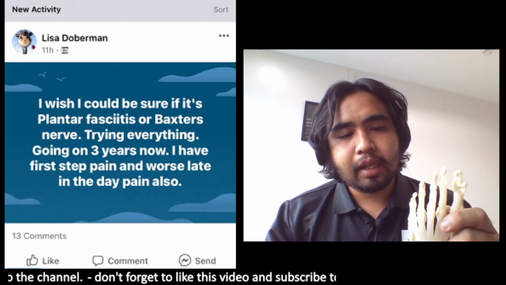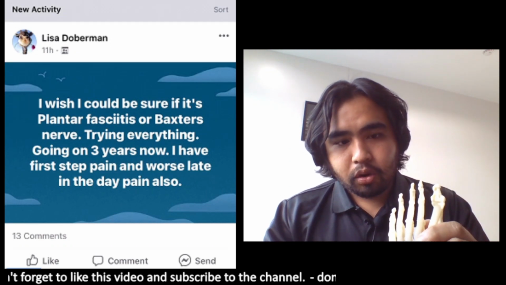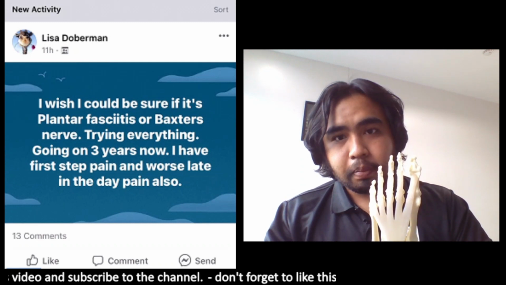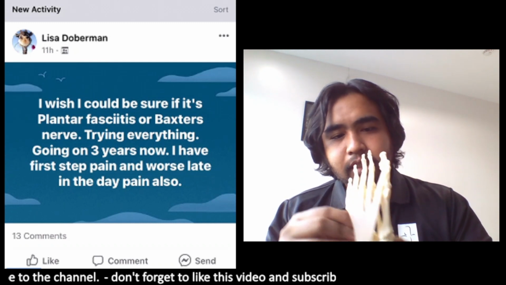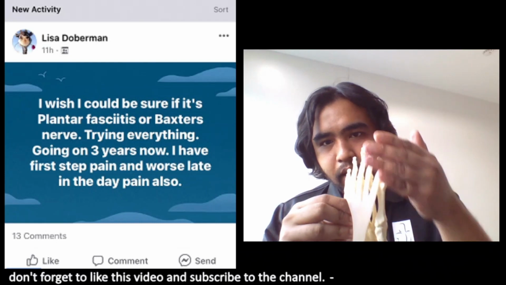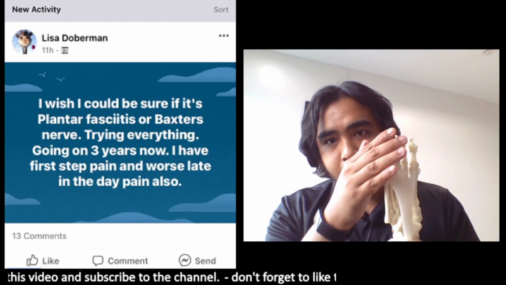You will also feel a tingling sensation on the area in which it supplies. In this case, the inner part of the heel and then the outer part of the heel.